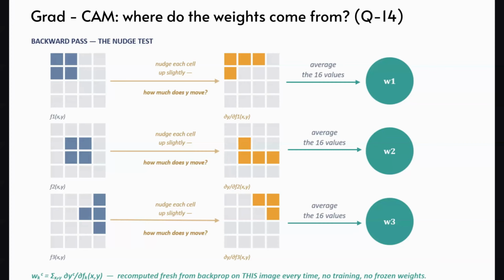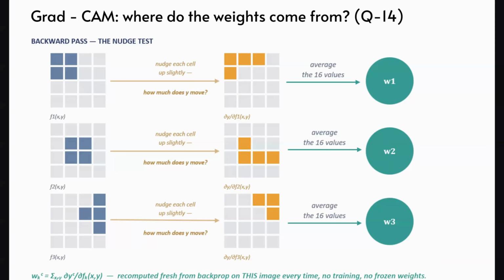And it will find out, okay, for this particular cell, when I'm nudging the cells, I'm finding which are the most sensitive activations that actually work for the outputs.